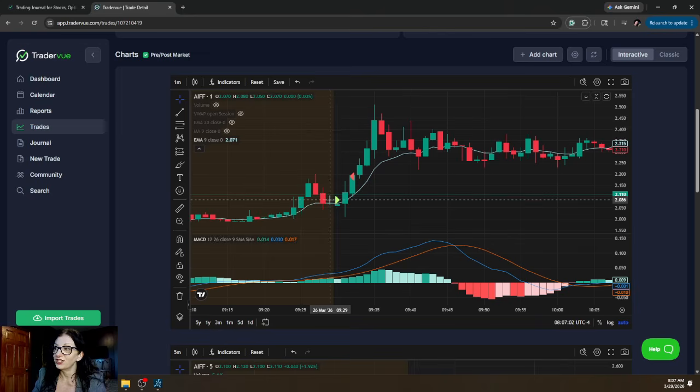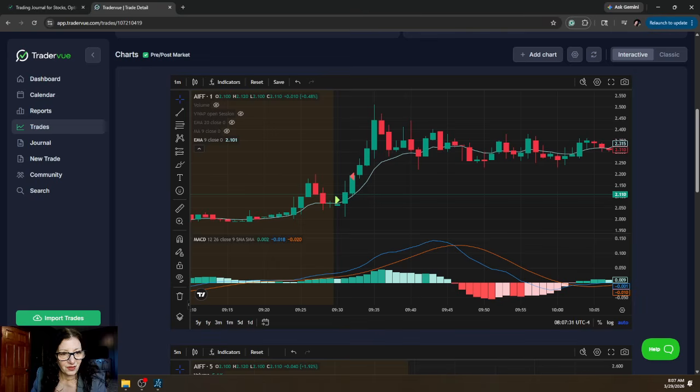Like as you can see here, I took a trade on this bull flag breakout and it touched the 9 EMA right there. Okay, then it goes back up, it comes down, it touches the 9 EMA. Here it only popped up a little bit. I didn't keep trading it, but you can see that here it perfectly touched the 9 EMA. All right, so that's another thing that I look at.